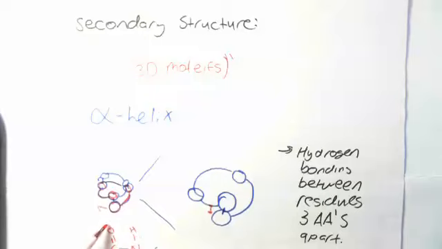This is very polar, so you have the double oxygen, which is a bit negative, and then you have this nitrogen and hydrogen here, and that's slightly positive, and you can get hydrogen bonding between these two groups.